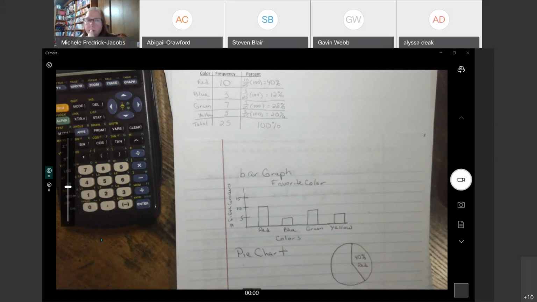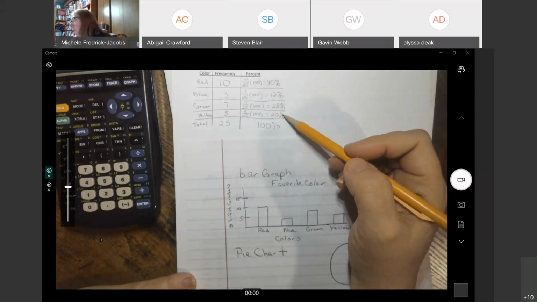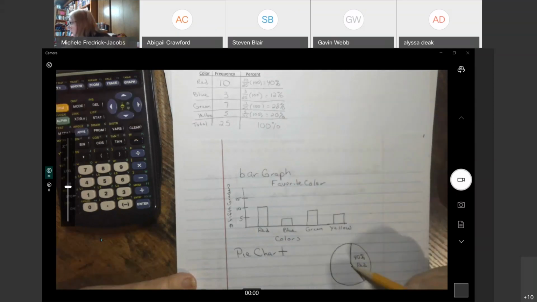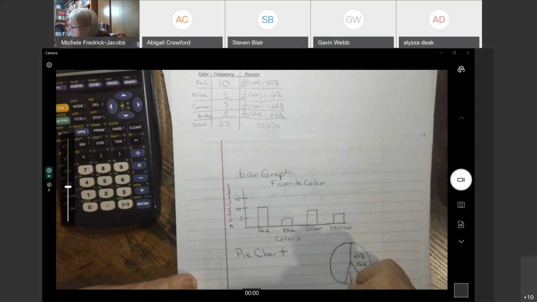Any questions so far? Another one. 12%, 28%, and 20. Well, here would be 10, 40, and 50 is half. So if we went a little bit bigger, that would be 12.